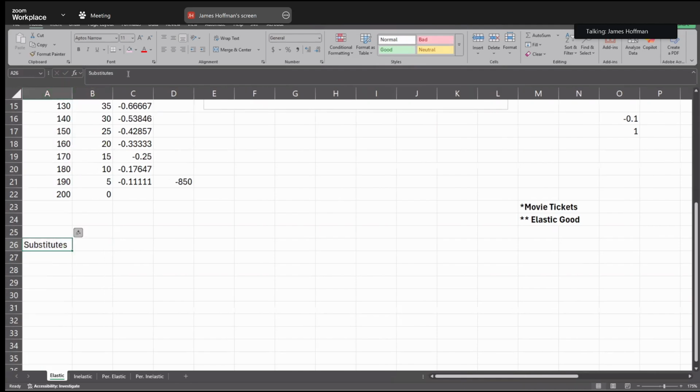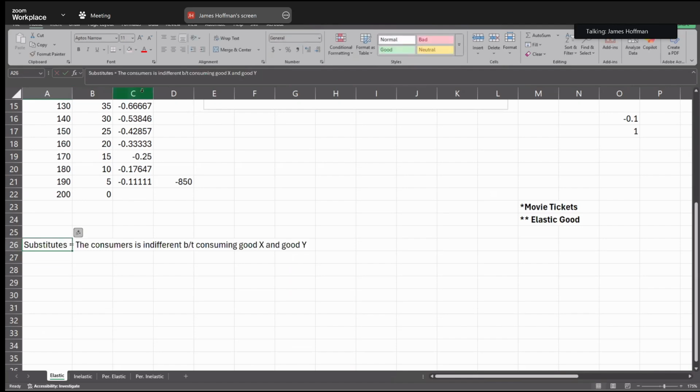Say the consumer is indifferent between consuming good X and good Y. And then by definition, it's a substitute.